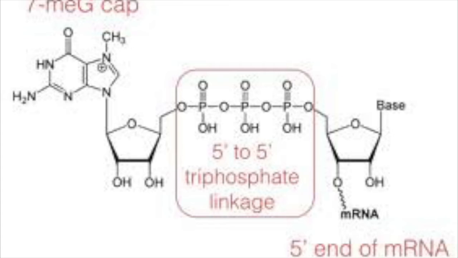Another enzyme then catalyzes the reaction to produce the diphosphate 5' end. This end attacks the phosphate on the GTP molecule to add guanine and create the 5' to 5' triphosphate link, which eventually results in the cap. The cap protects the 5' end of the primary RNA from degradation in the nucleus and assists in export to the cytosol. Now back to you, Scott and I.